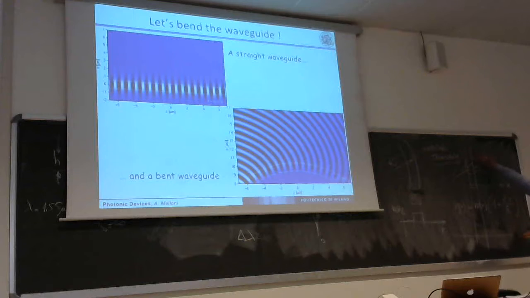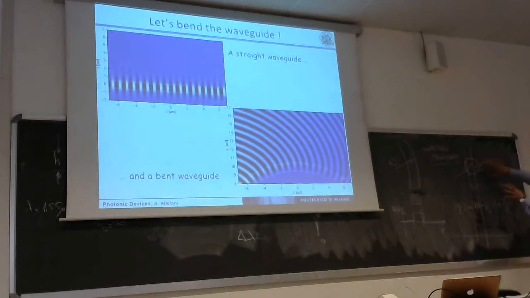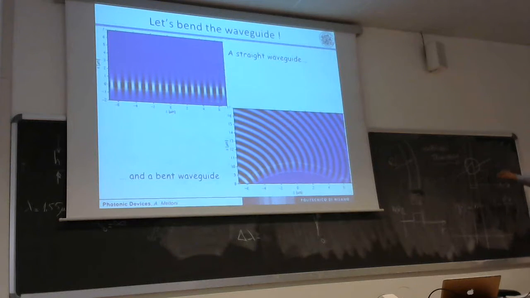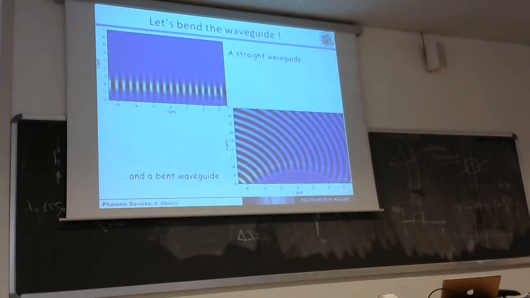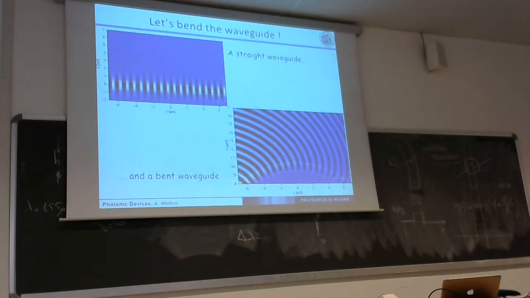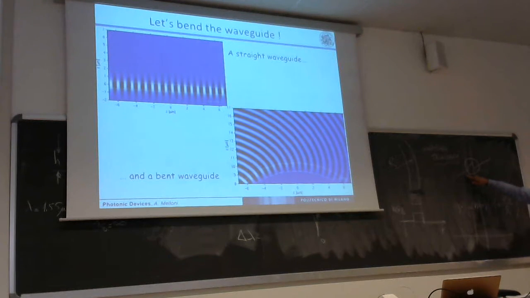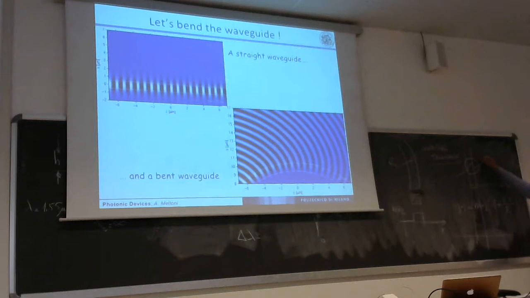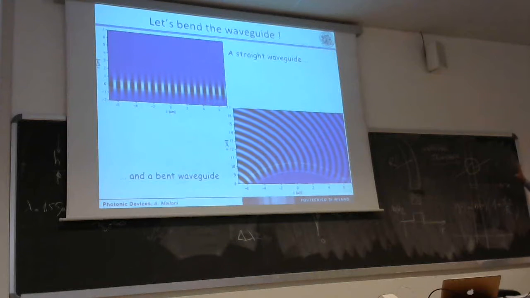So you have a deformation of the mode that is tilted toward the external side of the bend, of the curve. And the tighter the bend, the more tilted is the refractive index. So on this side you have a stronger confinement, on this side a lower confinement. If you continue to bend, this mode continues to move to this side. But be careful at this point.